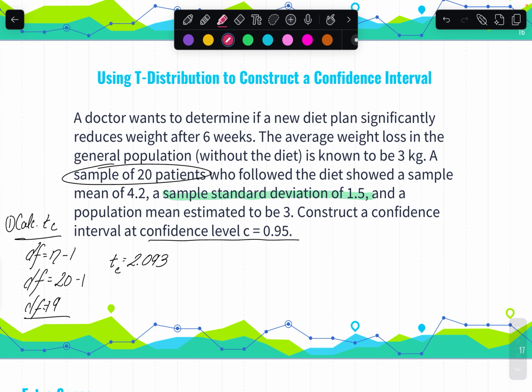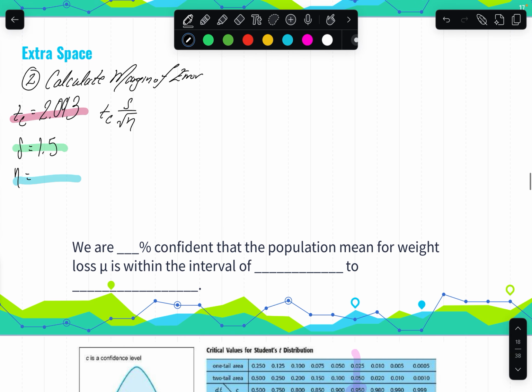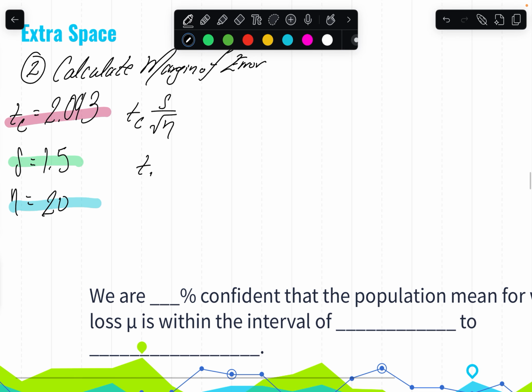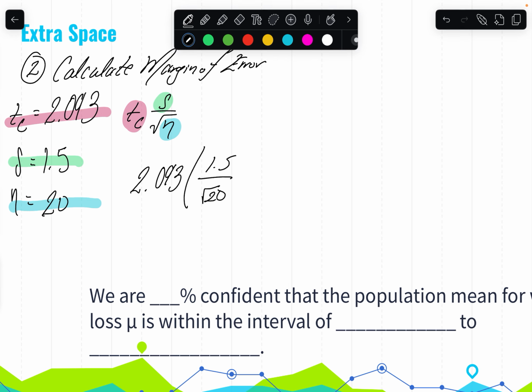And we had a sample of 20 patients, which is our sample size. Let's color code everything that we see on this part of the equation here. This is going to be 2.093 multiplied by 1.5 divided by the square root of 20.